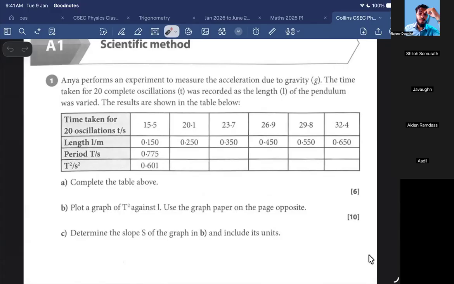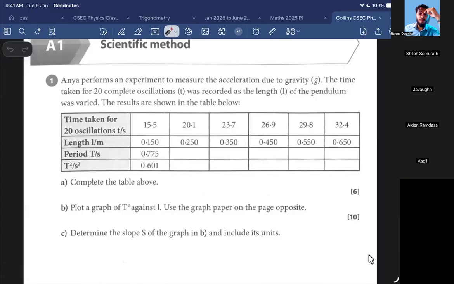0.601. Alright, so, I have a question. They're saying time taken for 20 oscillations. Anybody could remind me why it would take the time for 20 oscillations? Why not just measure one oscillation and done? For less error. Yeah, let's specify. What type of error? What's the name for the error?